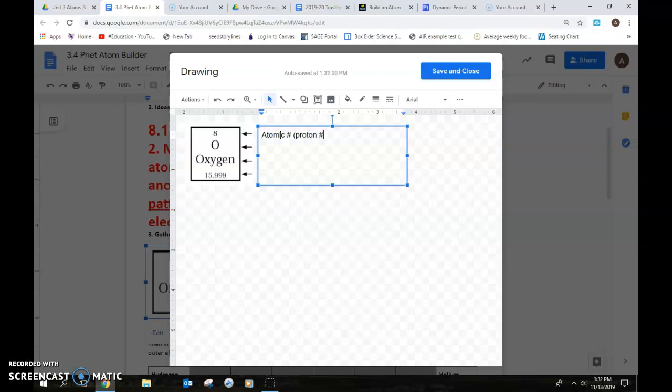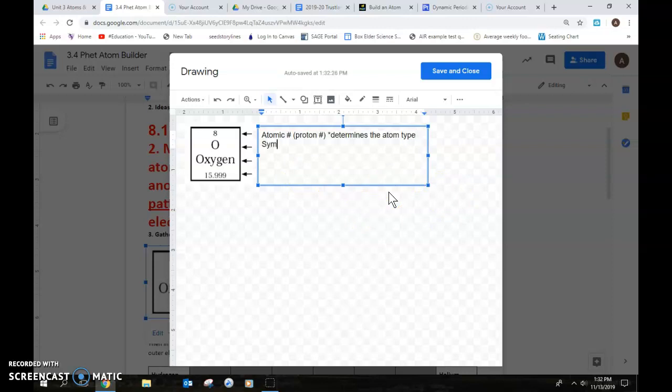The proton number really determines the atom that we're looking at. So if you have 8 protons, it will be oxygen every single time. If you have one proton, it will be hydrogen. If you have 3, it will be lithium.